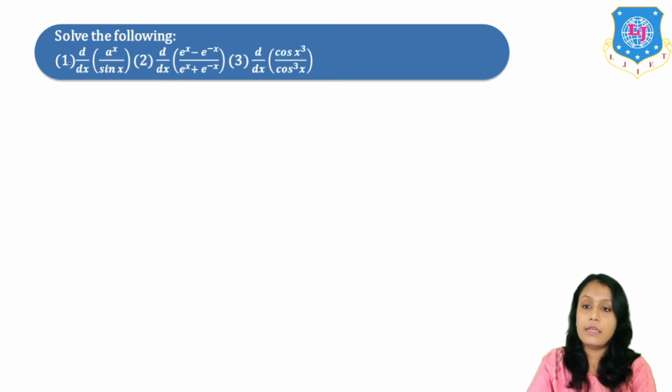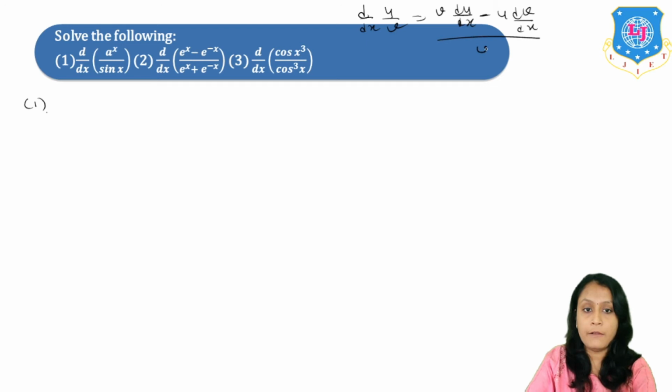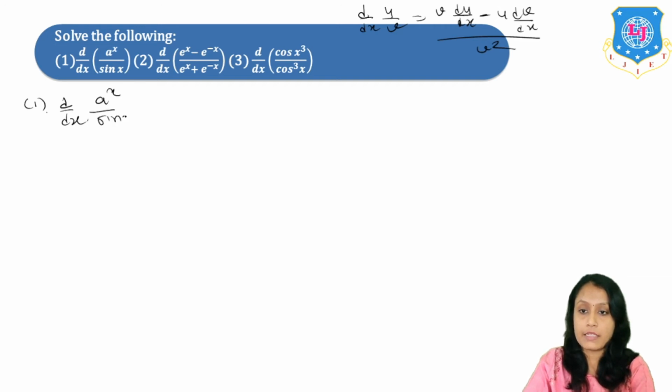Now let's move to the next. Now you can see we have a question in the quotient form, so we need to apply the d by dx of u upon v rule. Numerator, denominator: denominator as it is, derivative of numerator, minus numerator as it is, and derivative of denominator, upon denominator square. This is the formula. All right, so let's solve this example: e raised to x upon sin x.